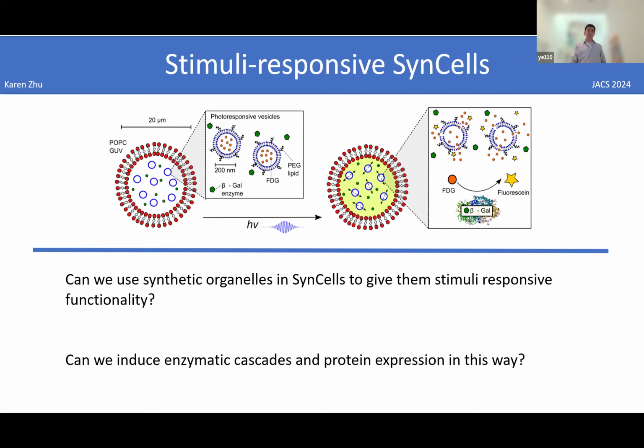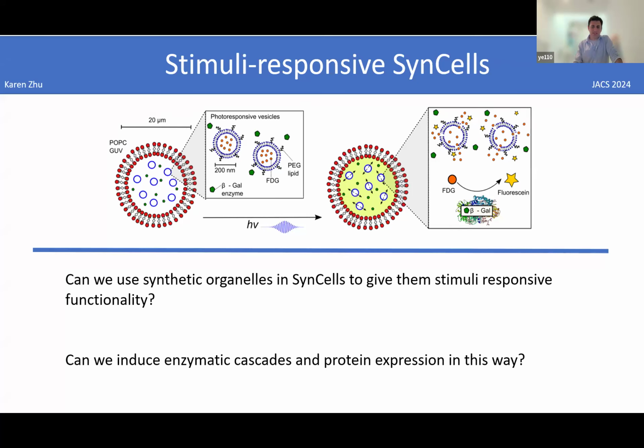But as soon as you hit it with a stimulus, it could be temperature, it could be light, it could be magnetic fields, it could be anything, these pores open up inside the organelles and they release the inducer molecule or they release the substrate, and you can activate the synthetic cell externally. And in this case here, as a proof of concept, you see a fluorescent molecule being acted on by an enzyme to produce a fluorescent molecule, okay?